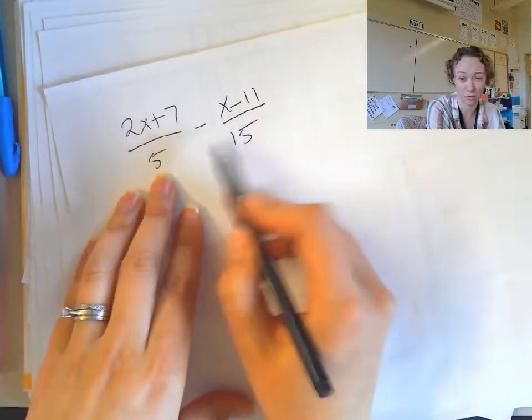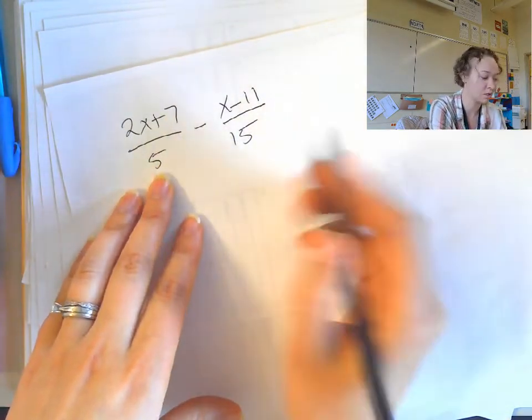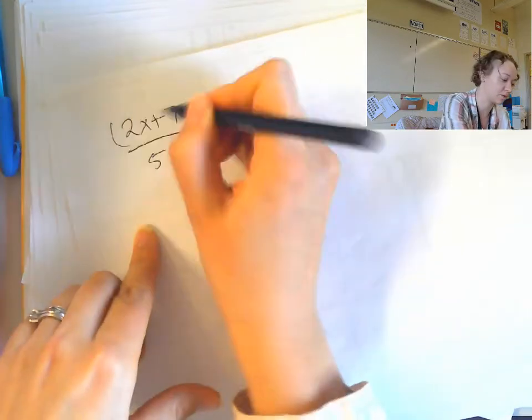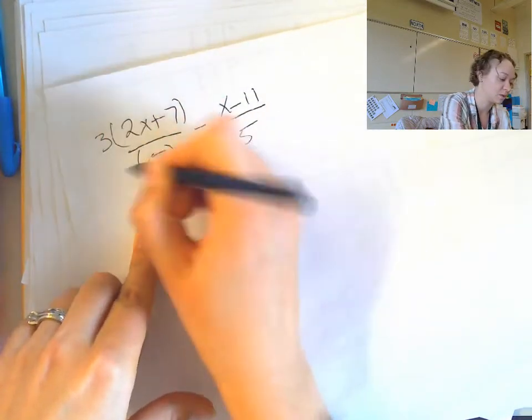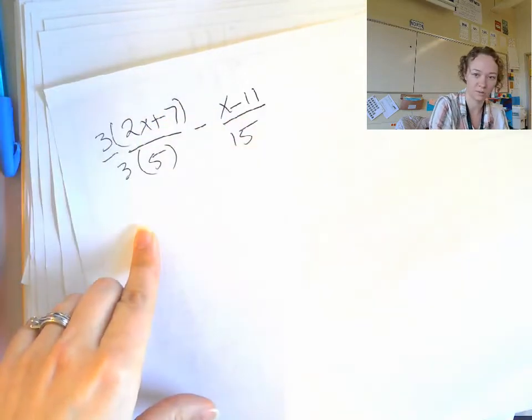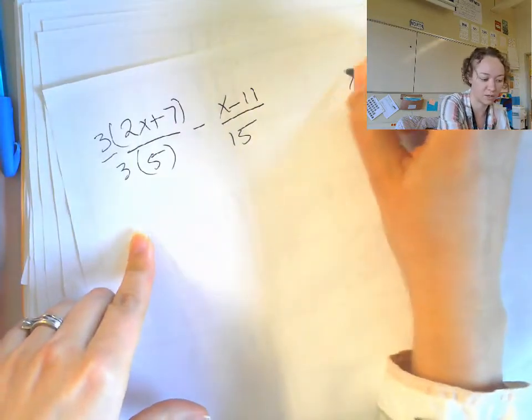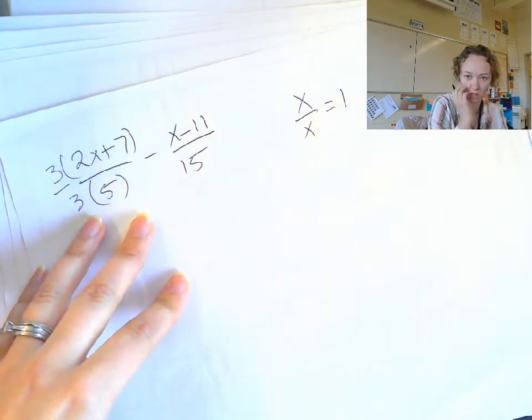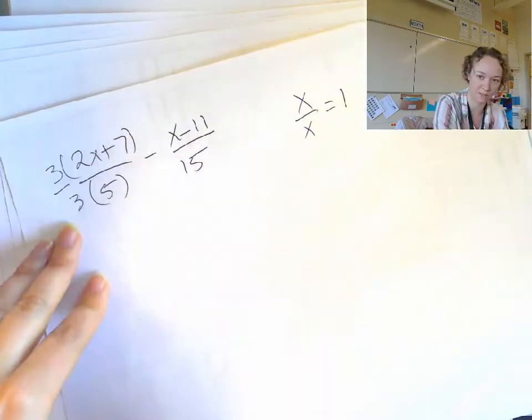If you're adding or subtracting, you need to make common denominators. So 5 and 15 are not the same number, so you'll have to multiply the first one by 3/3, because anything over itself is 1. As long as you do the top and bottom the same, you're good.